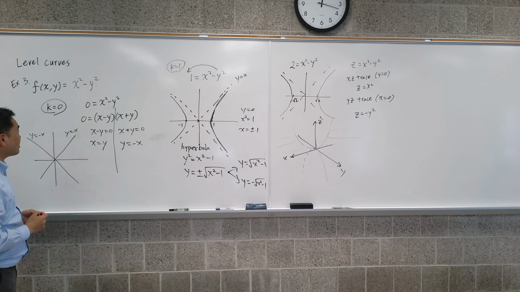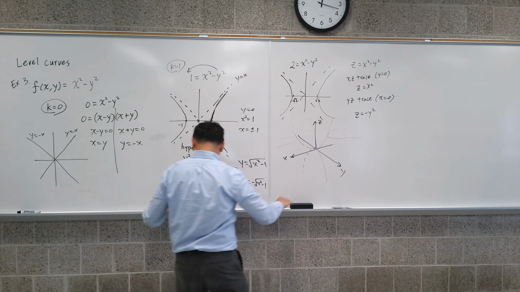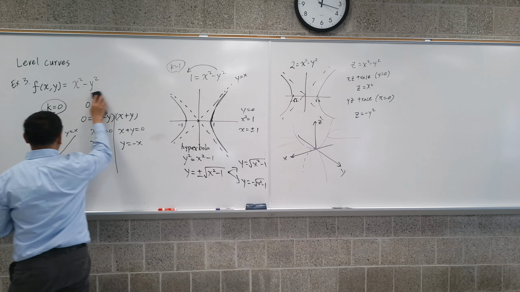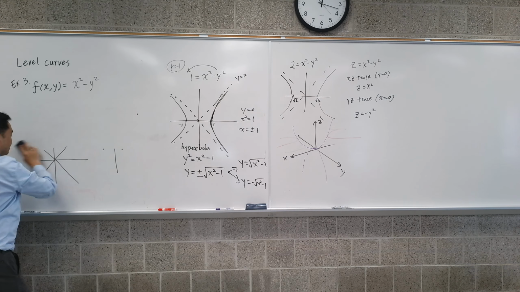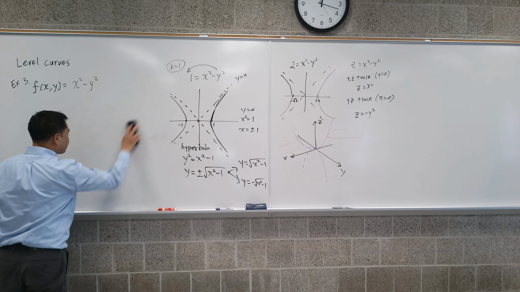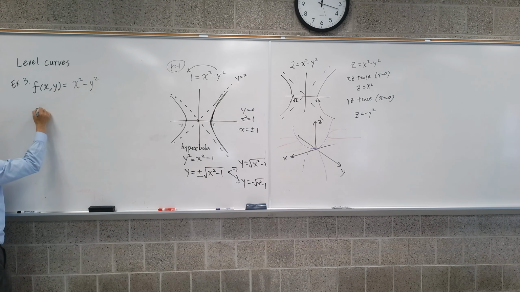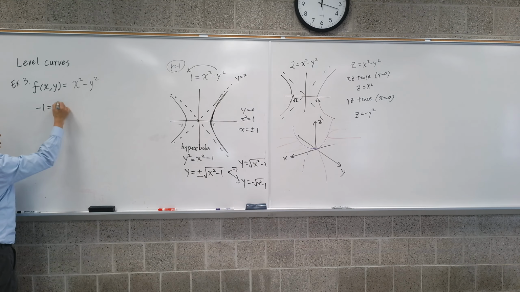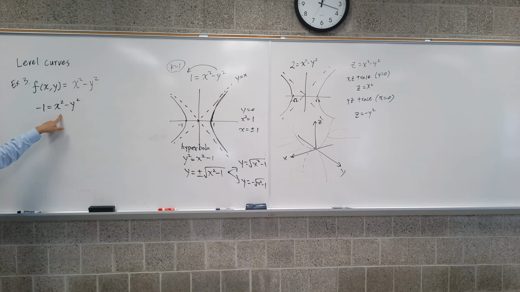Now, what if I do the negative? I said we need to do the negative too, and I forgot to do the negative. Let's try it. What happens if I do k equals negative 1? Let's see what the x-intercept is.